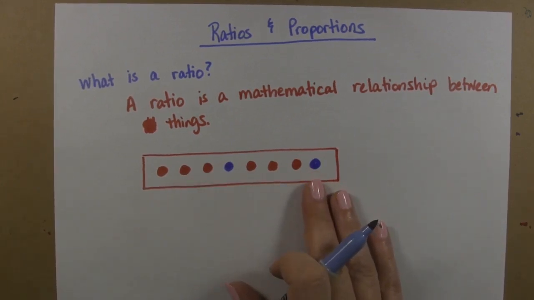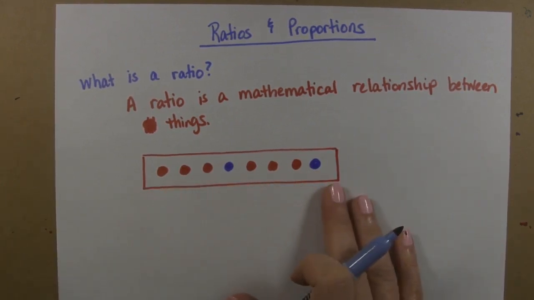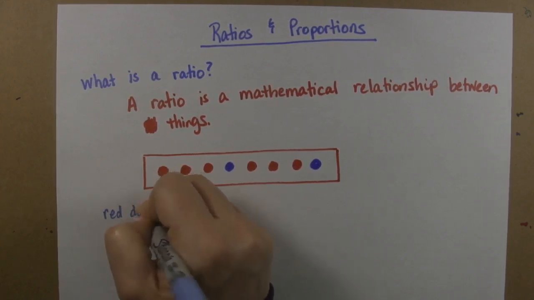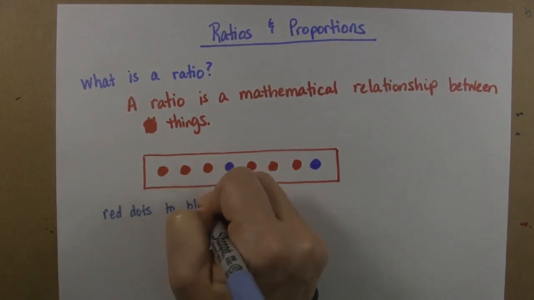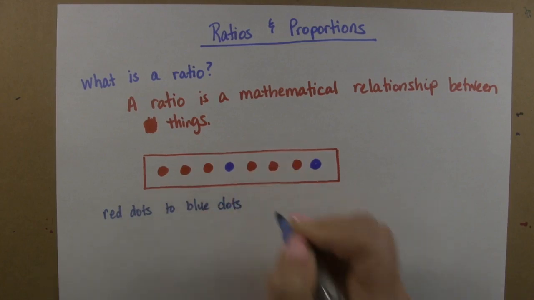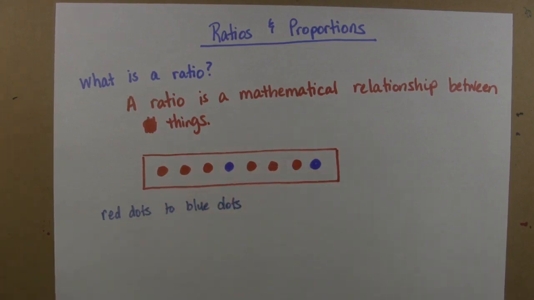So here's our first example, and I have for you an assortment of dots. I have red dots and I have blue dots. So let's say that I wanted to set up a ratio of red dots to blue dots. Okay, how would I go about doing that?